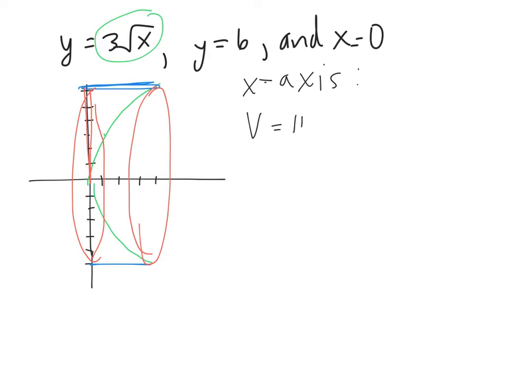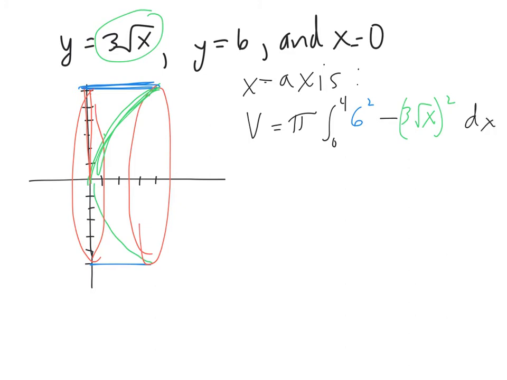Okay, if you're checking, you should have pi times the integral from 0 to 4 of my big R, my outside function here, is my line. So my radius is actually always going to be 6. So 6 squared minus my inside curve, which is my 3 radical x, squared, dx.